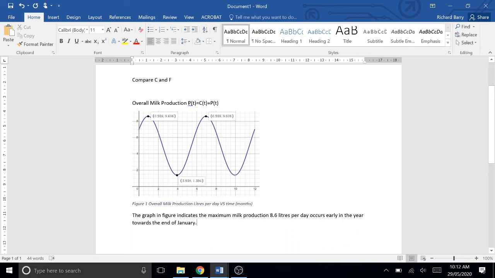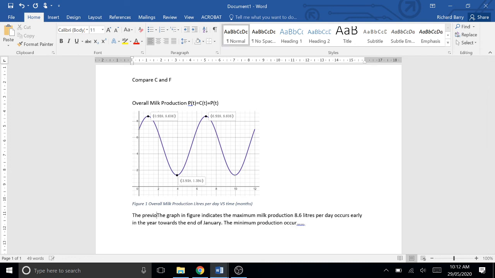Okay. The minimum production occurs, etc. Okay, maybe a bit of a sentence here that explains what's going on.